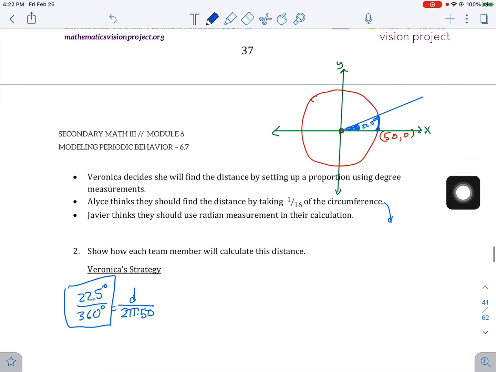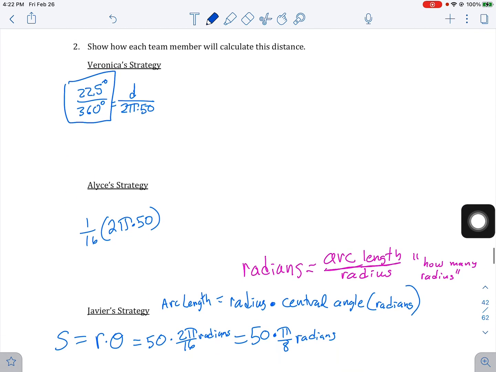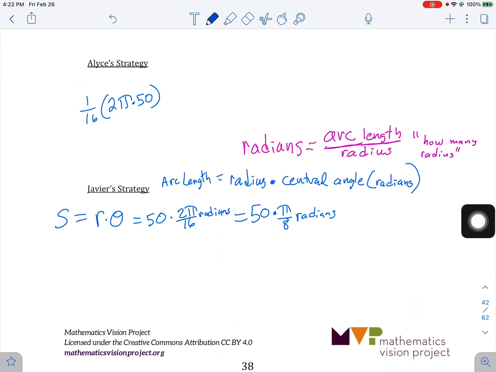The third one is using radian measures, and radians are arc length divided by radius, how many of the radius it is around the circle. So the arc length is going to be radius times the radians. So this is the formula you have here. So this S represents the arc length. That's the distance. The R is the radius.